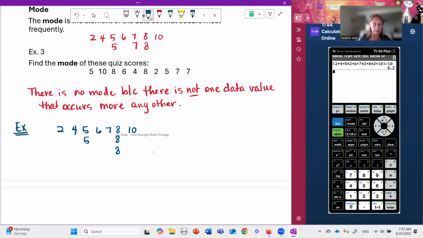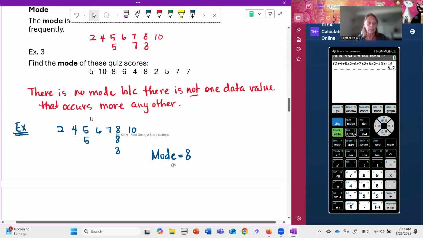And here we can see that the mode is equal to 8. So the mode is going to be whatever data point shows up the most. It's not a very useful statistic in general, but it is one that is used occasionally.